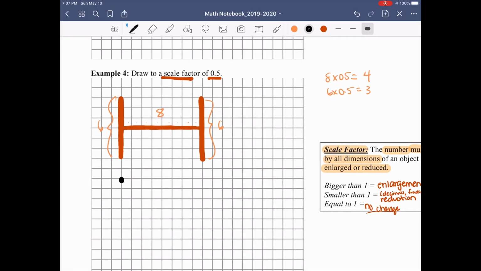Our 6's become 3, our 8 becomes 4, and it's going to be right here in the middle. So 1, 2, 3, 4, and then another 3 here. So now our dimensions are 4 and 3 and 3. And this is a reduction by a scale factor of 0.5.